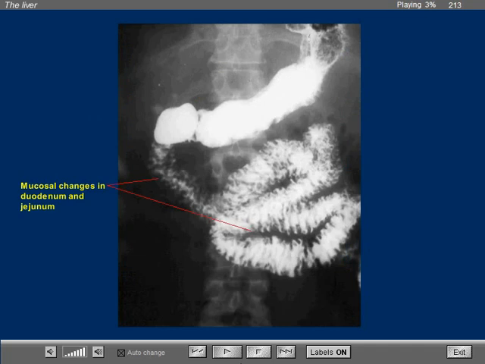This patient with alcoholic liver disease and portal hypertension had mucosal changes in the second part of the duodenum and throughout the jejunum. The second part of the duodenum shows spasticity and discrete mucosal changes. One might consider duodenitis, one might consider giardiasis, or the duodenal effects of pancreatic disease.